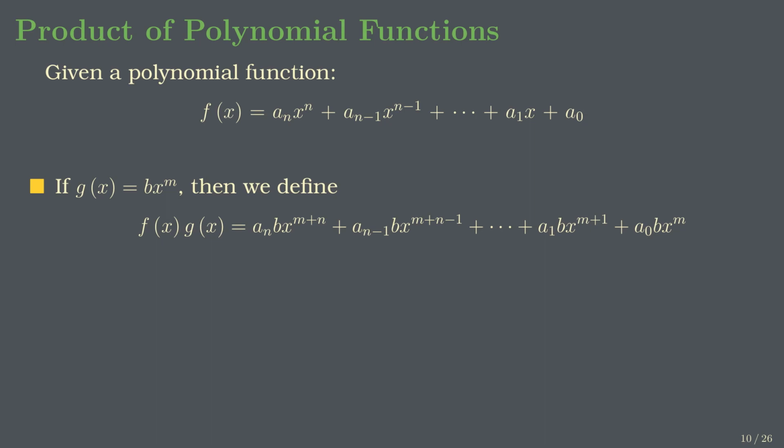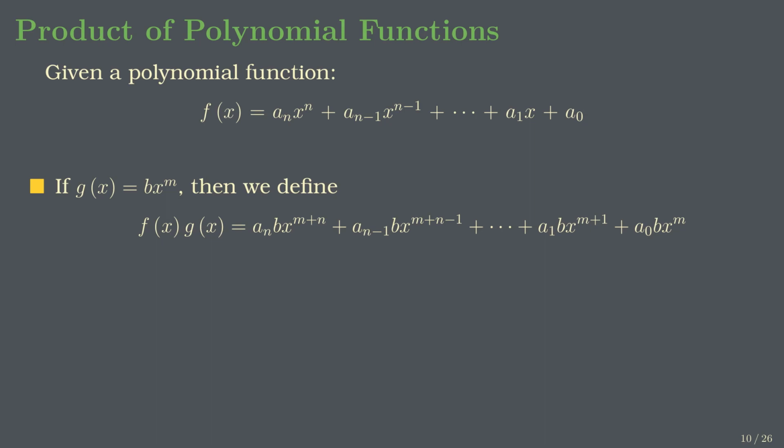So in this case, we can define this product of f(x) and g(x) by simply multiplying each coefficient of f(x) with b, and we shift the power of x in f(x) by m units.